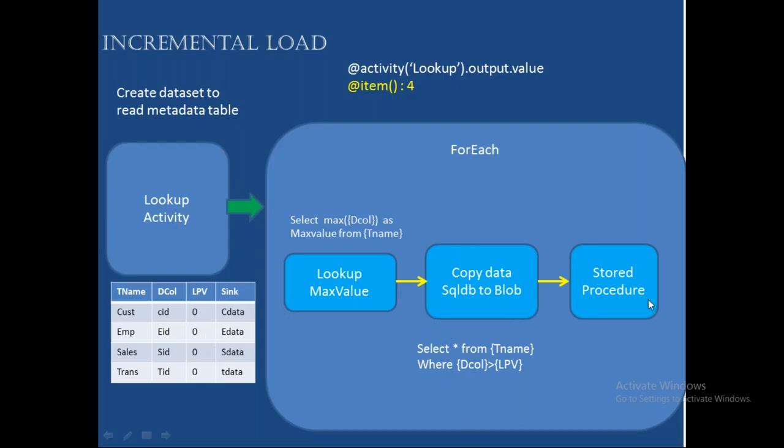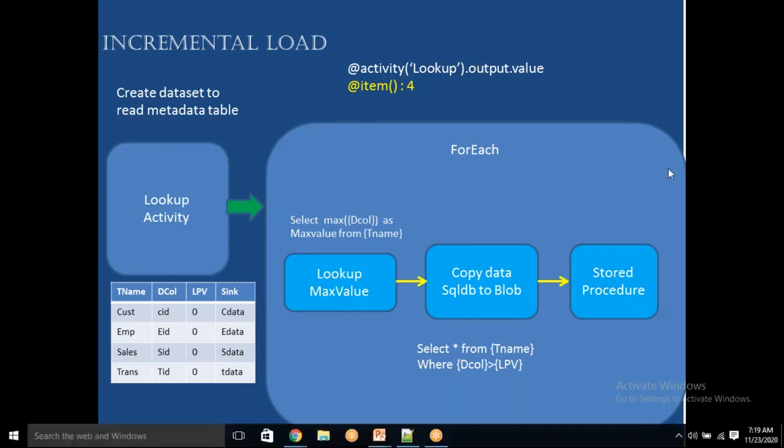Finally, what I'm going to do? Oh, sorry, I'm going to update the last processed value, whatever I got as the max value here. So in the same way, for the third record, what will happen? Can somebody tell me, friends, what will happen?